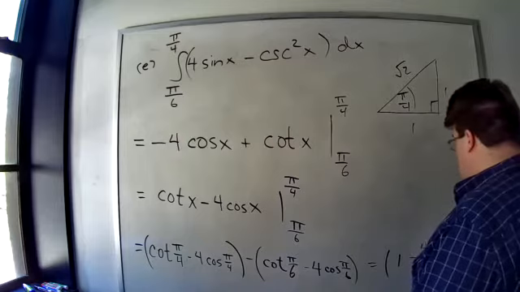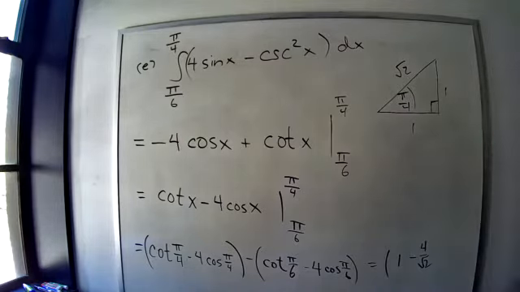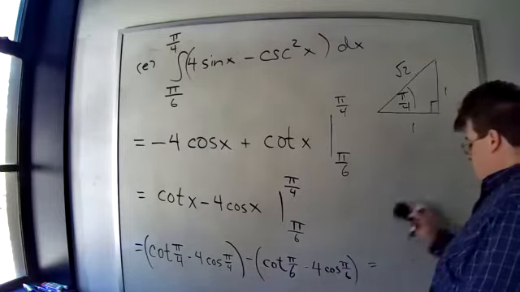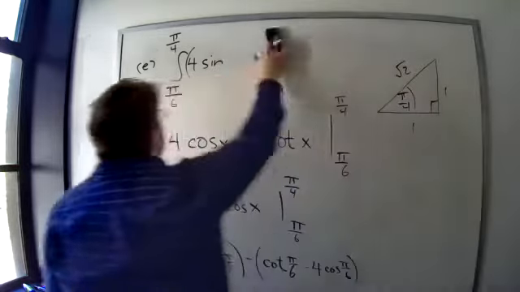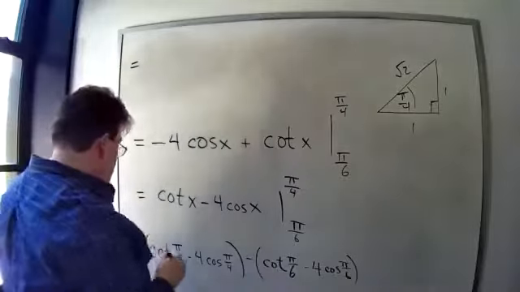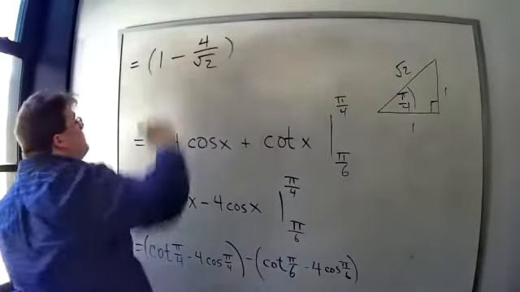Negative 4 of those gives us negative 4 over root 2. I'm going to write this at the top of the board. So what did this equal? 1 minus 4 over root 2.